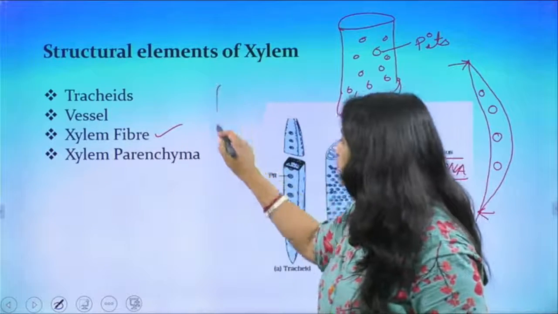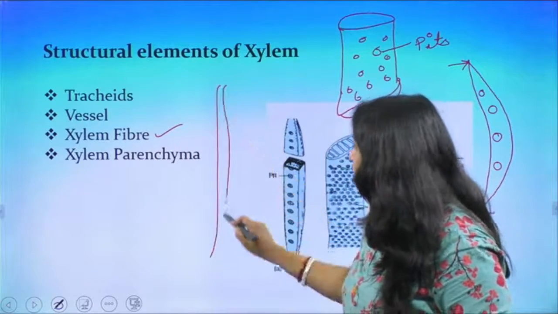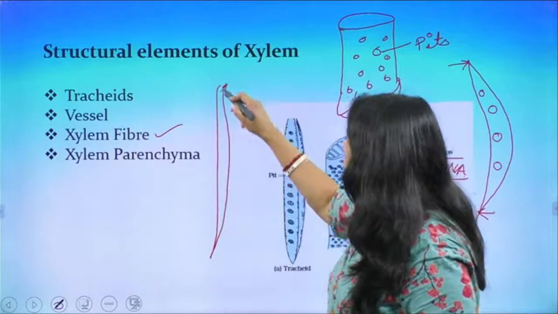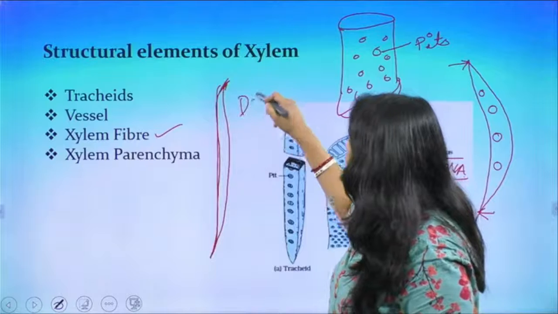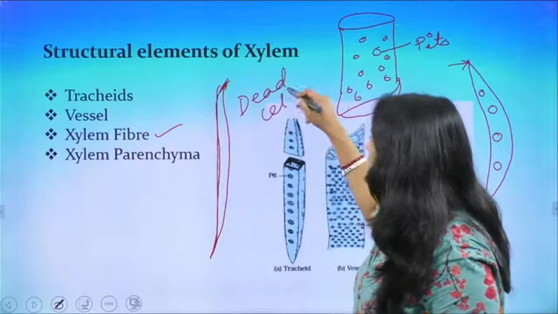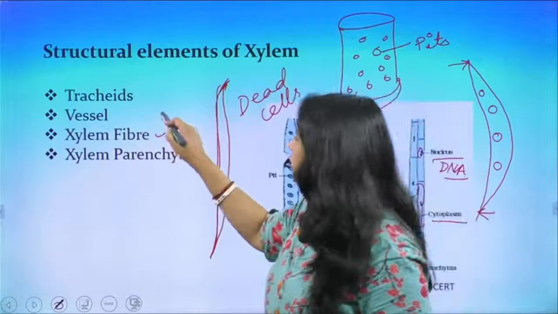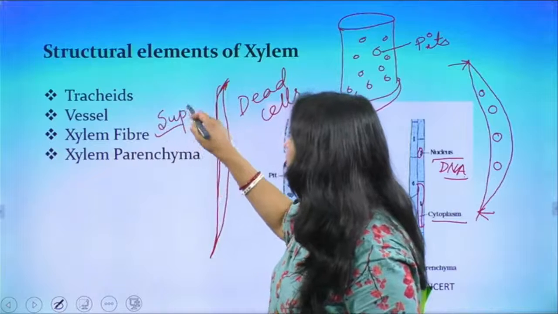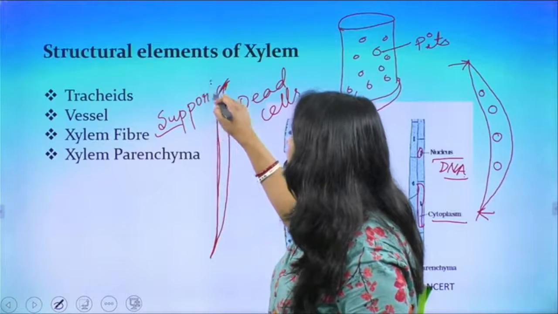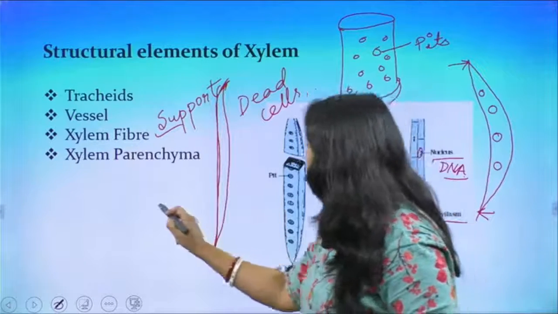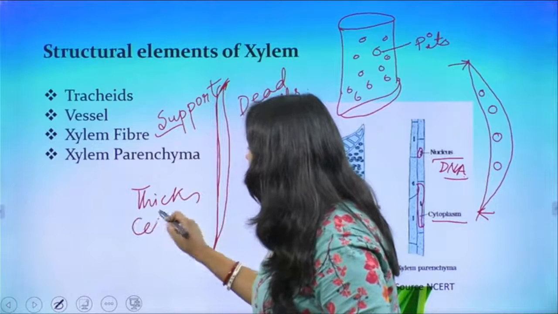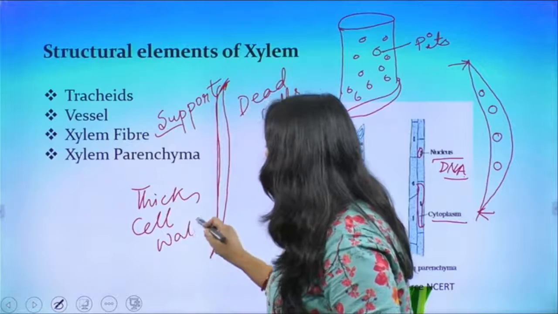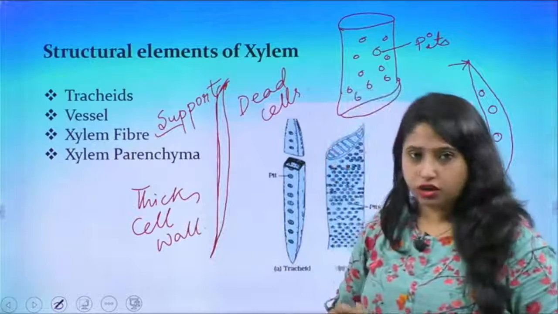And another one is your xylem fiber. These xylem fibers are like this, and they are basically dead. They are made up of dead cells, and they provide support. They have thick cell walls, which provide support to the plant.